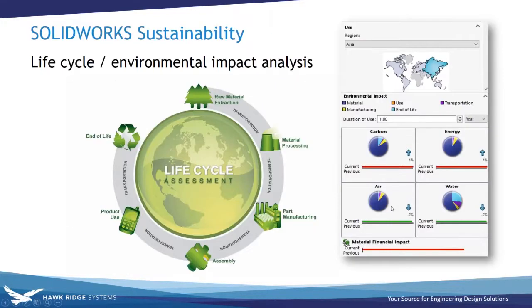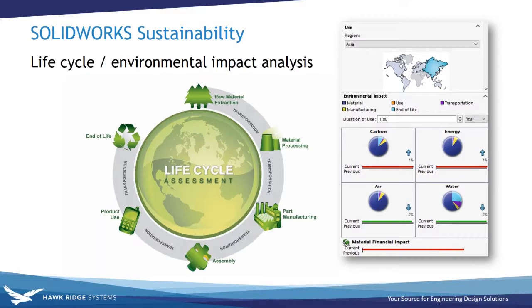Oh, one quick thing that falls under the simulation umbrella, a tool that you also get with SOLIDWORKS Premium, is called SOLIDWORKS Sustainability. So this is a life cycle analysis tool, basically to look at environmental impact. It allows you to say where your product's being made, what manufacturing process, and test some what if scenarios, as far as does it make more sense to manufacture it here or manufacture it overseas, and what does that do to the carbon footprint, these different parameters.